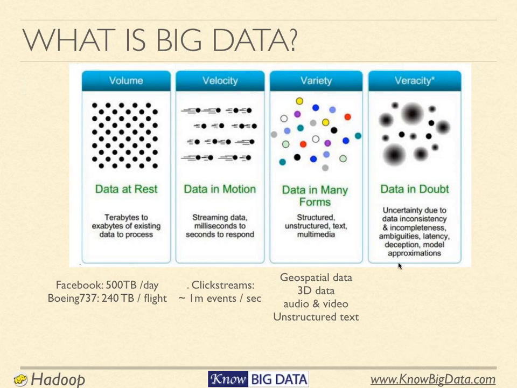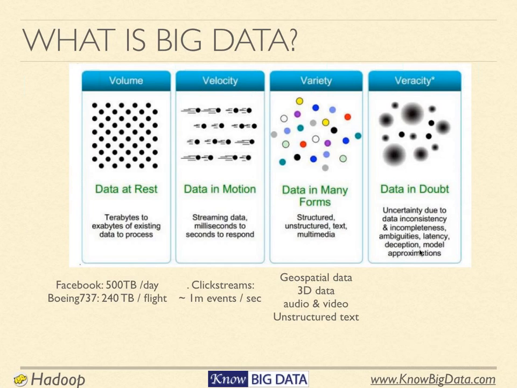Due to the nature of the problem, or the nature of the data you are handling, if you realize that your existing databases cannot be used and you require a distributed architecture, then you say that your problem is a big data problem, and the kind of data you are handling is big data. All right. The fourth one is veracity.